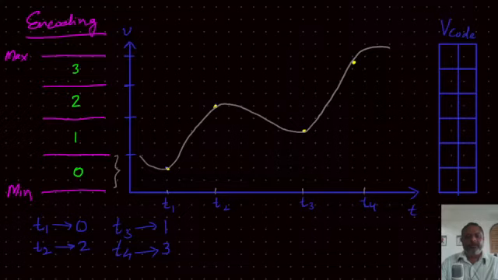So in this case, the first sample is at T0, and at T0 whatever magnitude we have falls in the range of code 0.